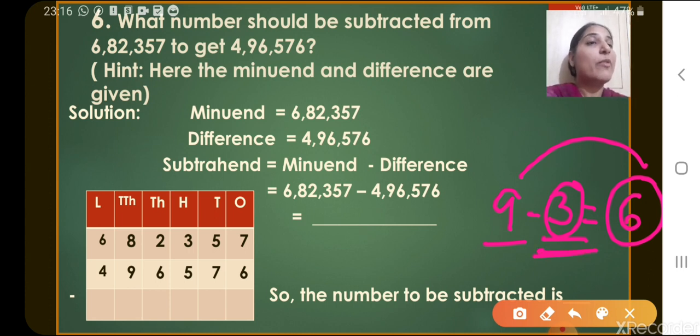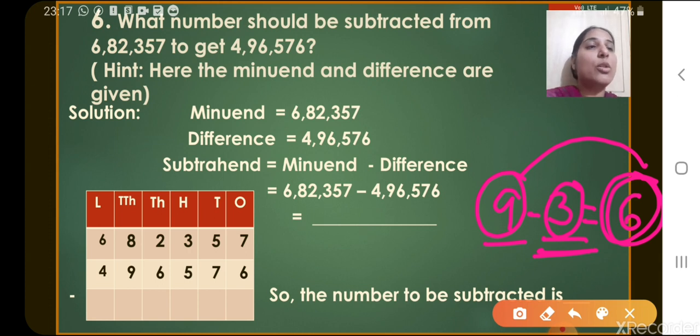Isn't it? What was being given? Minuend was given and difference was given. So you remember how we get the subtrahend? To get the subtrahend, we subtract the difference from the minuend.